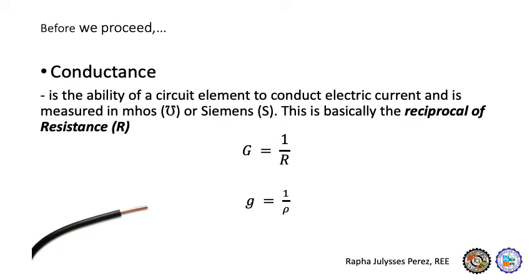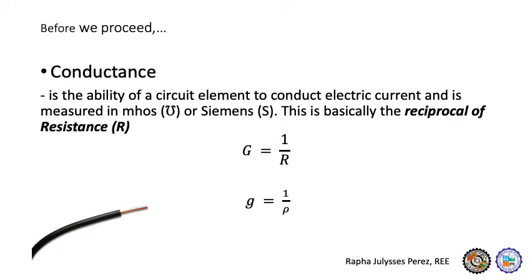In this formula, we can see that conductance G is simply equal to the inverse of resistance, and the smaller letter g is known as conductivity, which is basically still a reciprocal of the quantity known as resistivity.